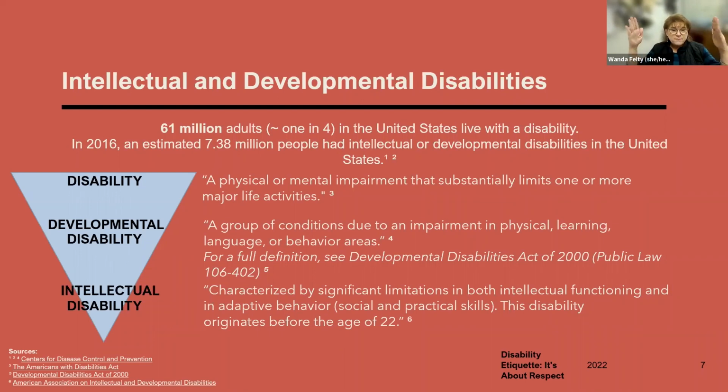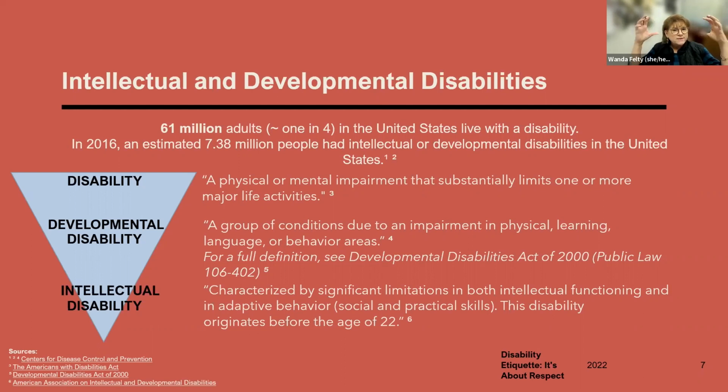And then when you think about the next one, inside disability is the definition of developmental disability. And that's looking at the federal definition under the Developmental Disabilities Act, or the DD Act. It was signed in 2000. And that really narrows it down.